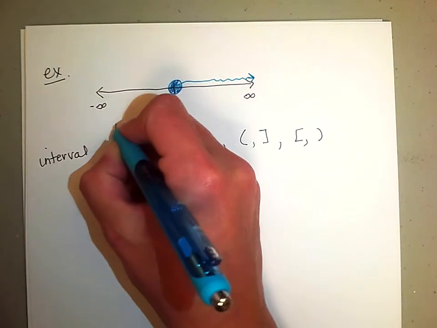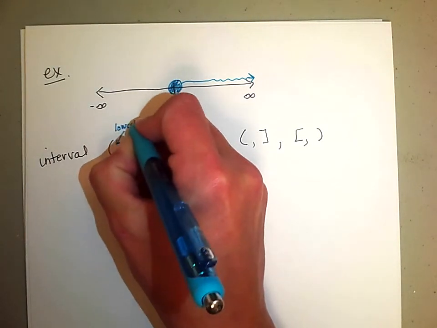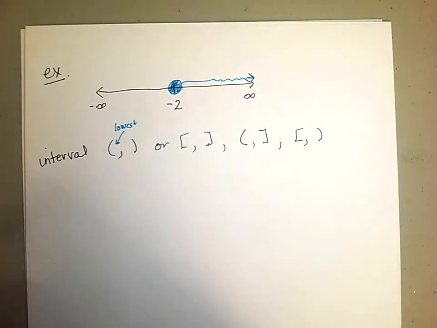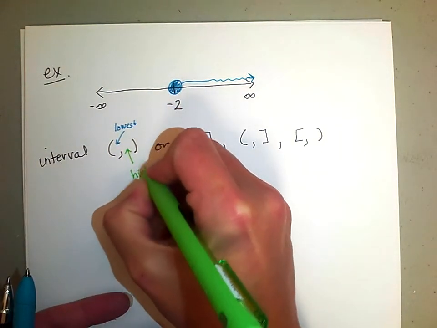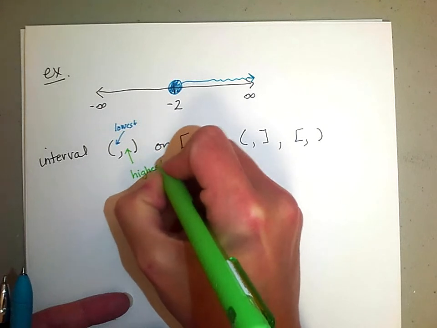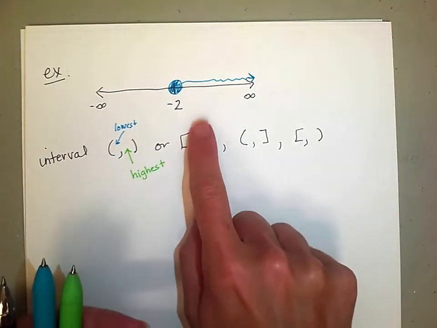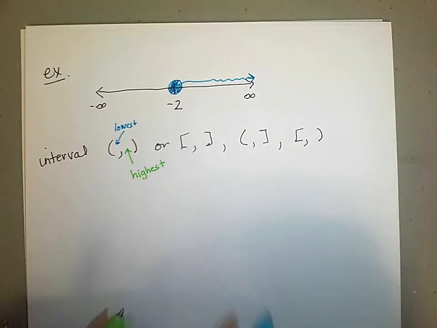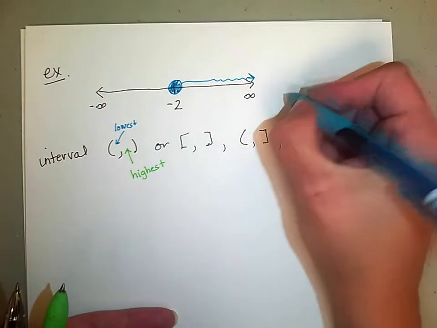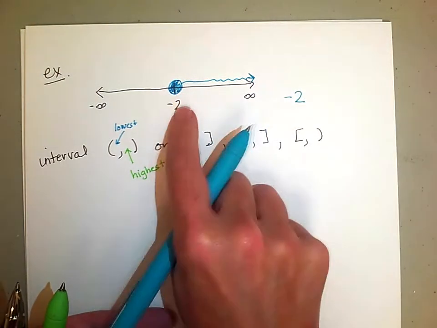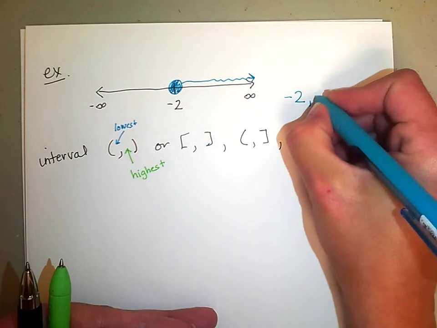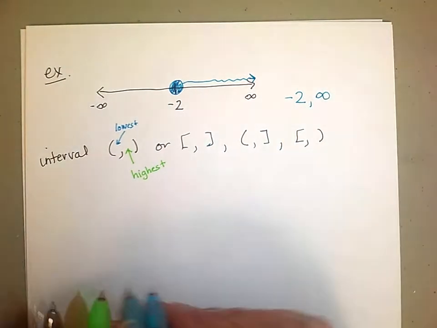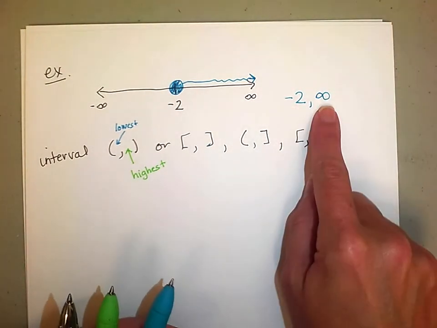The first number will always be the lowest number in the set, and the second one will always be the highest number in the set. So if we want to represent this in interval notation, the lowest number in our set is negative 2, and the highest number continues on to infinity. So this is the lowest, this is the highest.